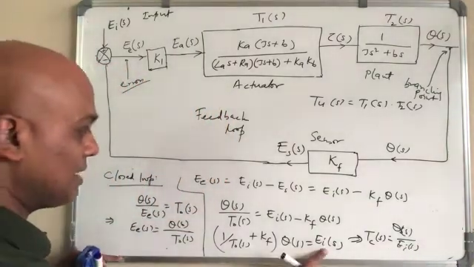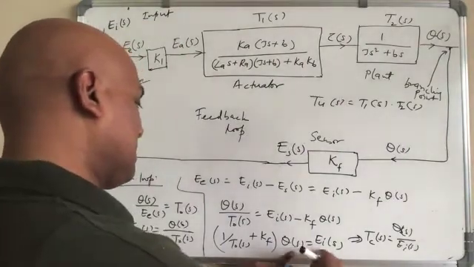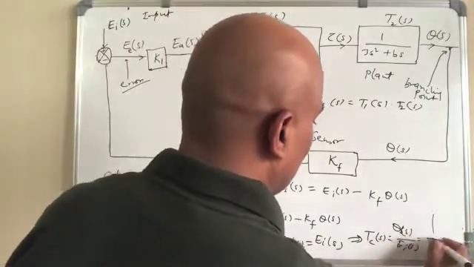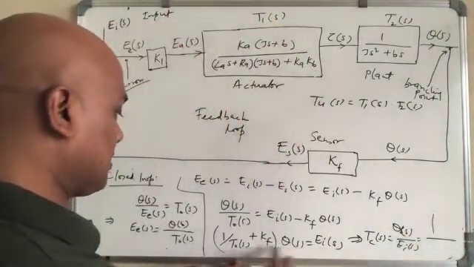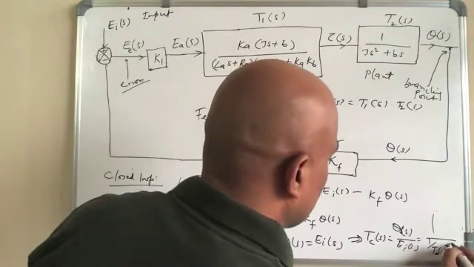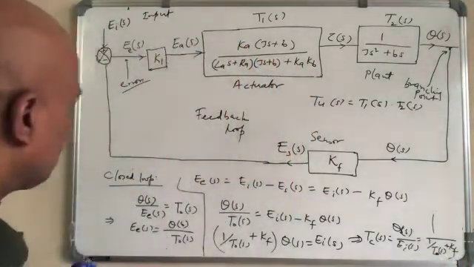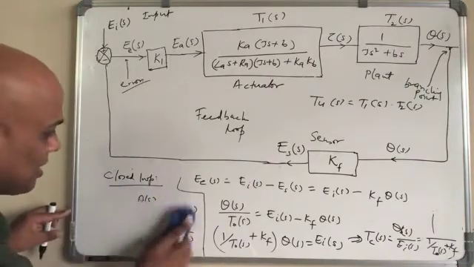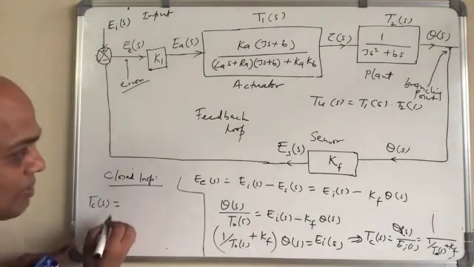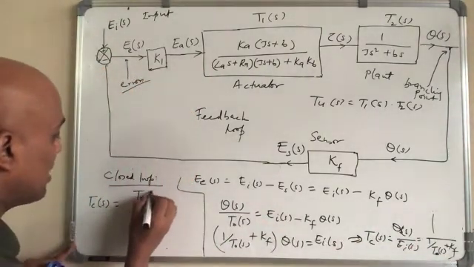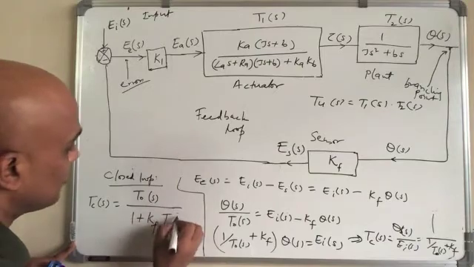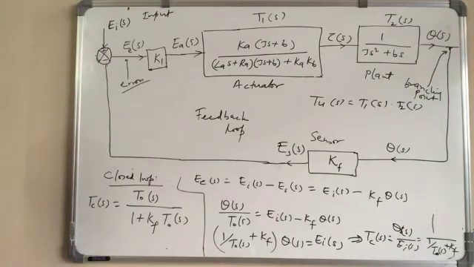So simply, the closed loop transfer function will be equal to the open loop transfer function divided by 1 plus Kf times the open loop transfer function.